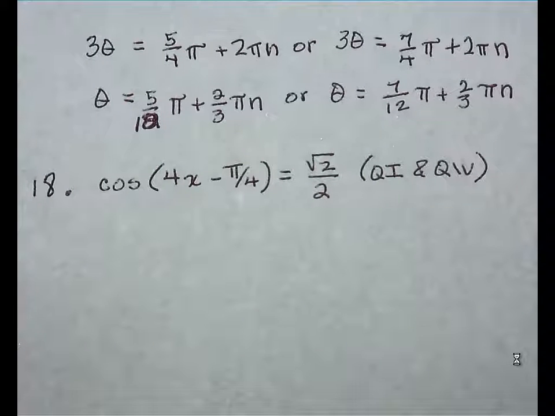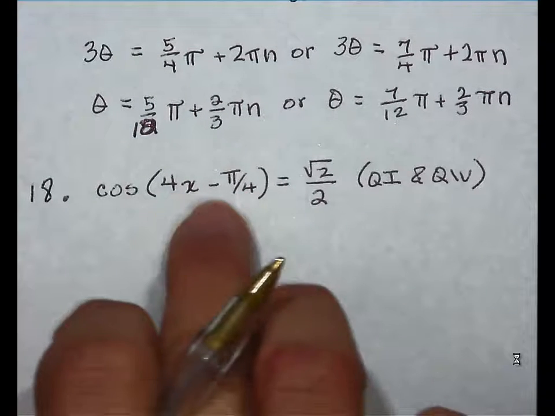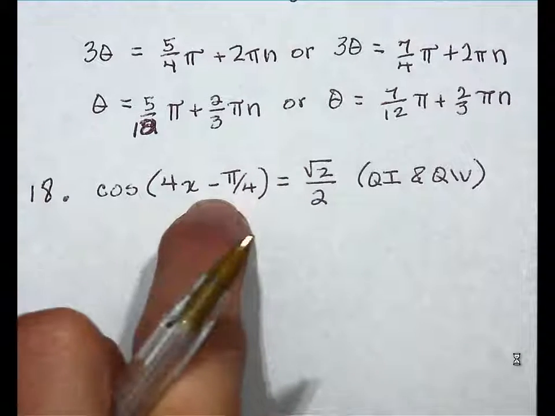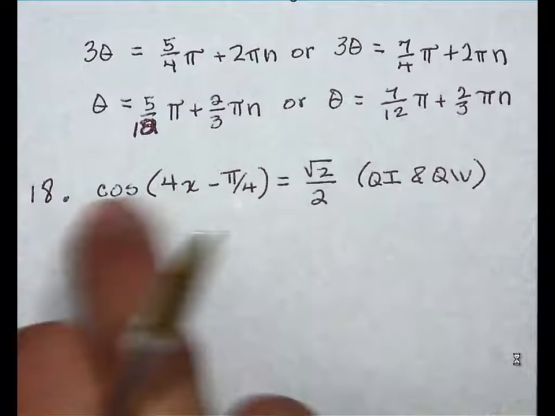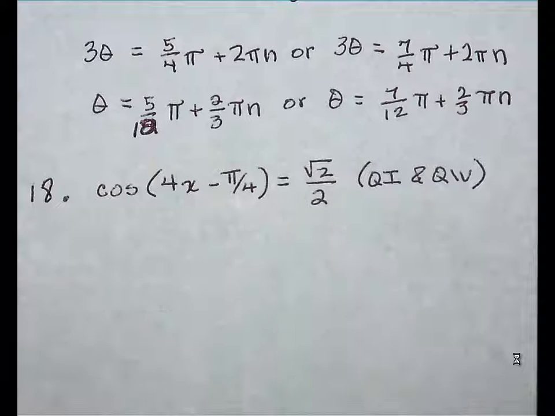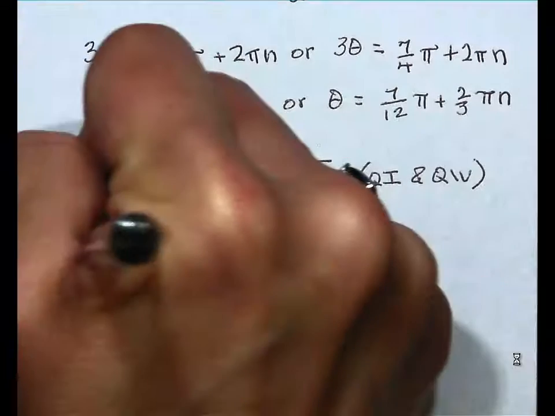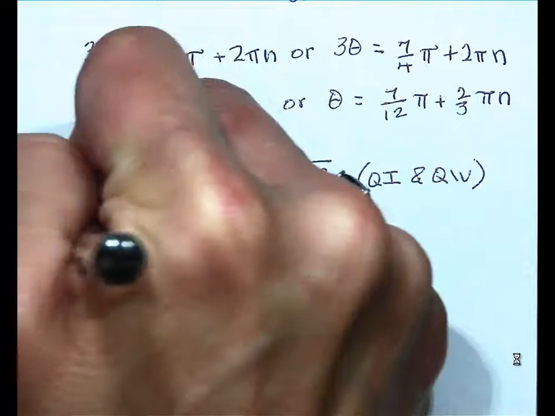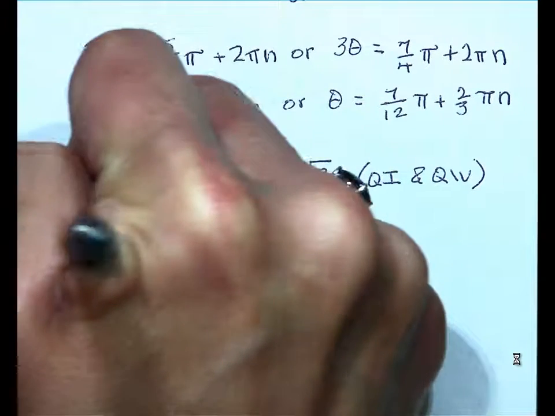So when I find that first quadrant angle and that fourth quadrant angle, that won't be what x is. That'll be what the argument is. What's the first quadrant angle where cosine is square root of 2 over 2? Pi over 4. That means 4 times x, not 4 divided by x.